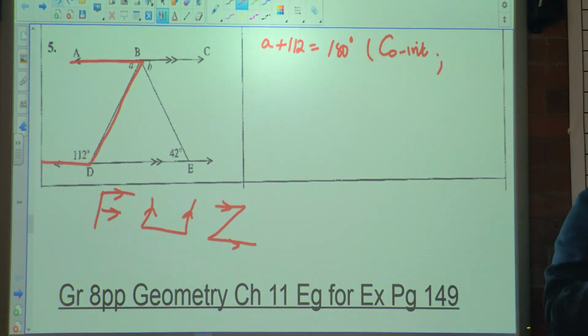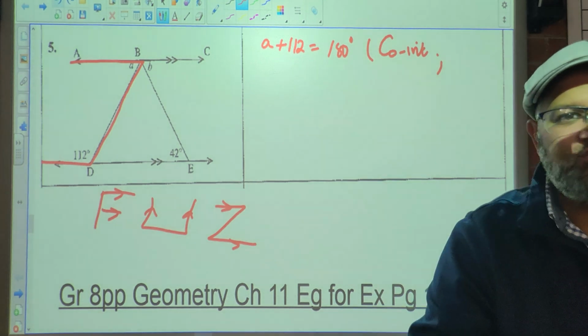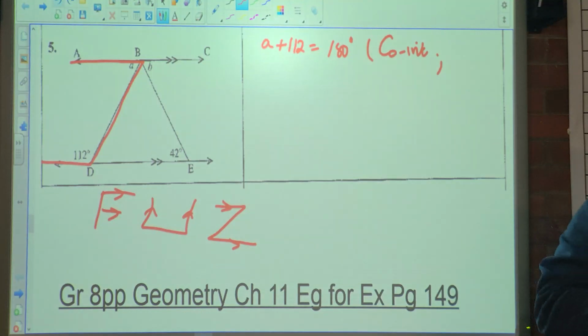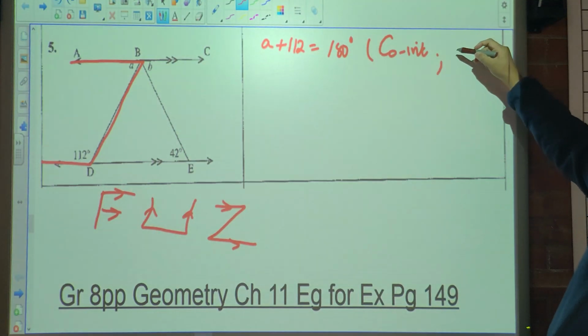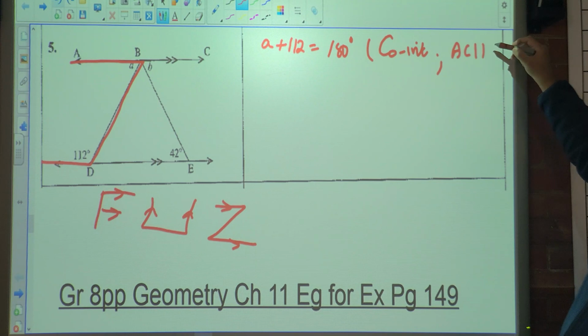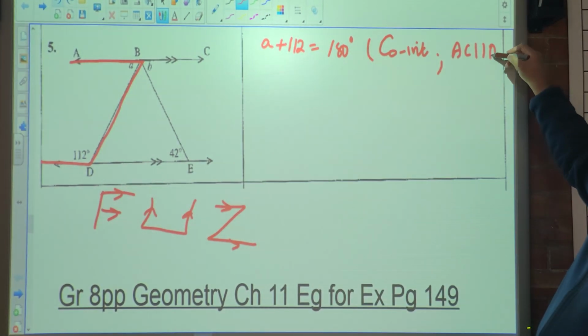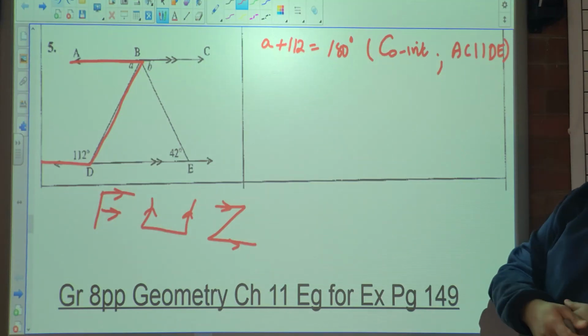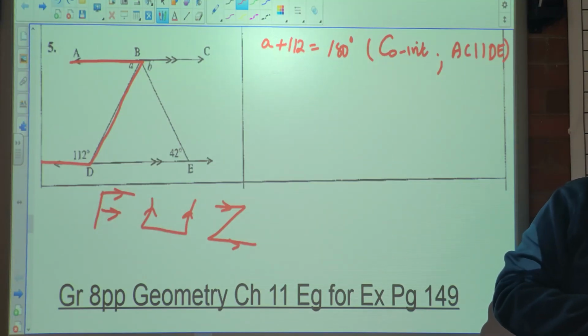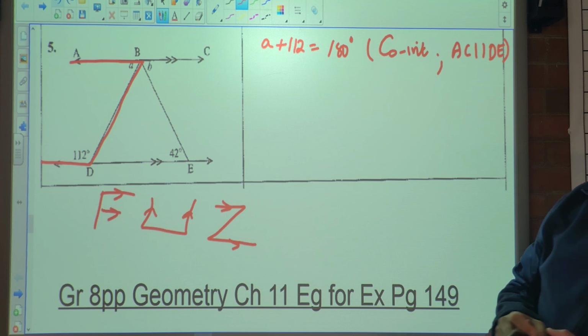So you write co-interior. And very important, whenever you use alternate, corresponding or co-interior angles, we must state the set of parallel lines. If you leave that out, you're going to lose a mark. So we're going to say that AC is parallel to DE.